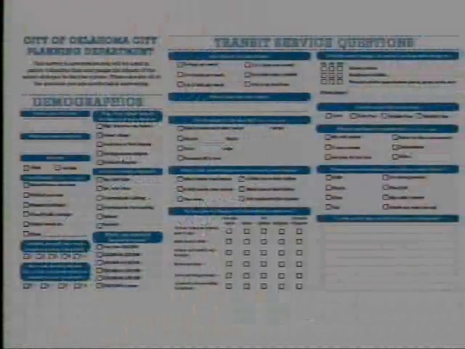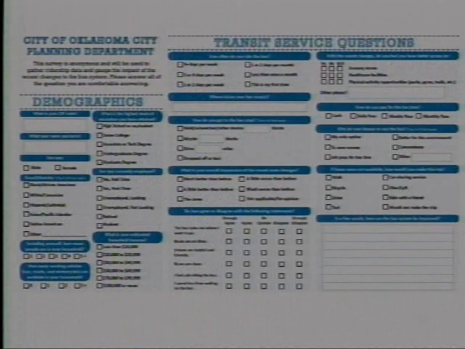So here's the survey that we used. It's a one-page document. We wanted it to be as accessible as possible to the people on the bus. We surveyed 600 riders on the major routes, so that's all the routes except for the Downtown Discovery and the Sooner Express. And we distributed it evenly among those routes, so it was 30-plus surveys per route.